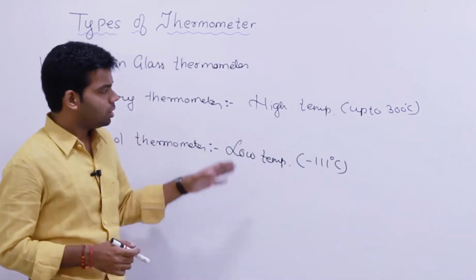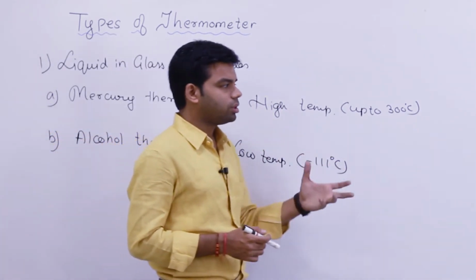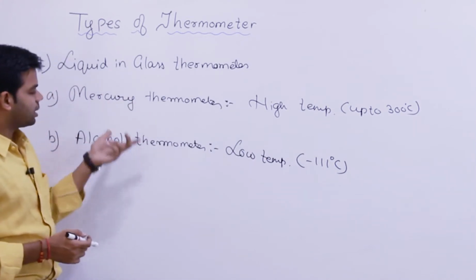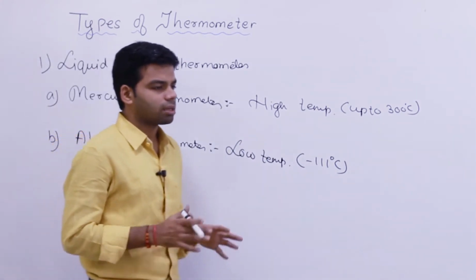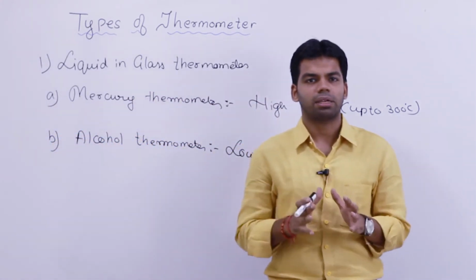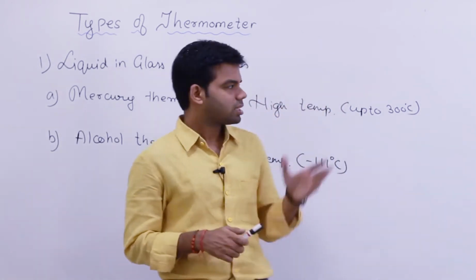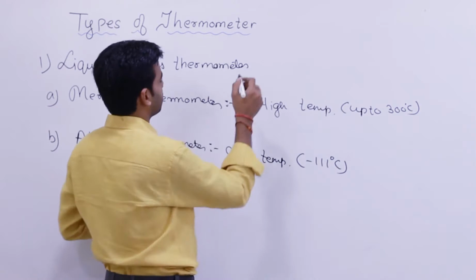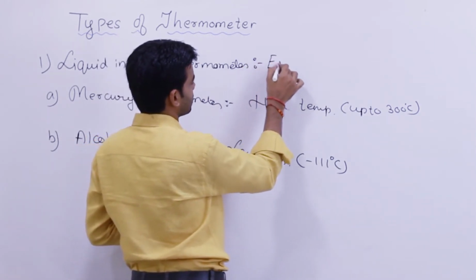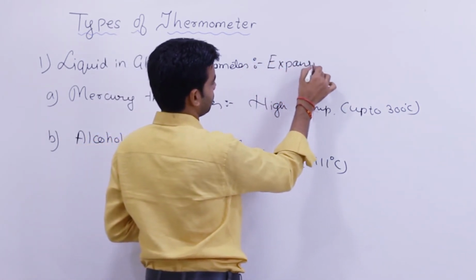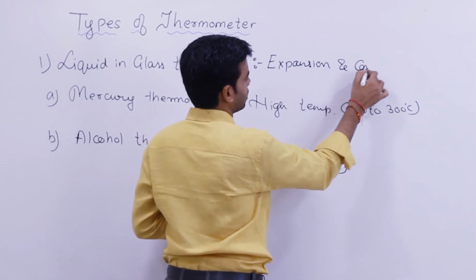As I told you, the thermometric fluid used here is mercury and alcohol respectively, and the thermometric property is volume. Based on the change in volume we measure the temperature. So these are expansion and contraction type thermometers.